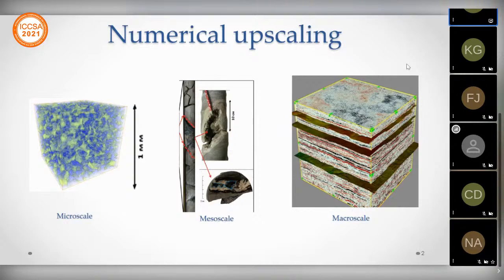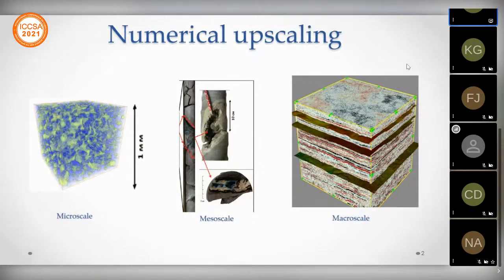Let me say a few words on why it is so important. If we try to upscale physical properties of rocks, we have quite a lot of scales. In our case, microscale means the scale of the pore, then we have mesoscale at the scale of the core sample, which is about a few centimeters, and then macroscale is the scale of the reservoir.